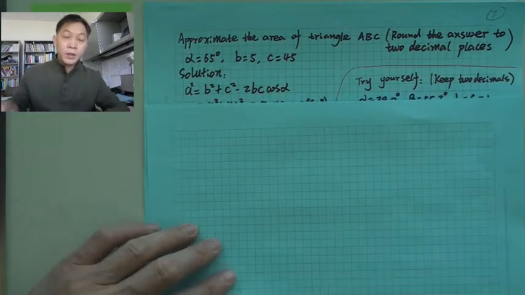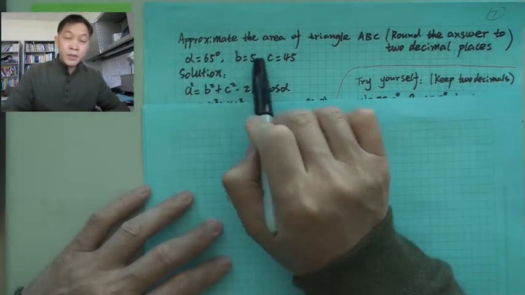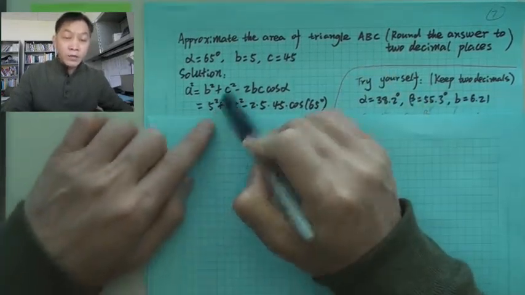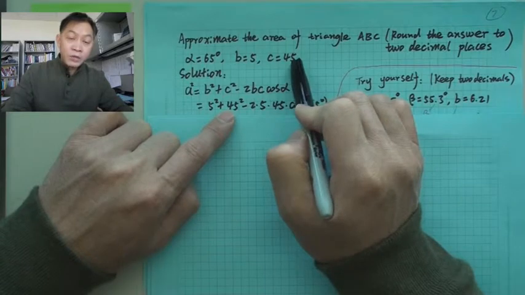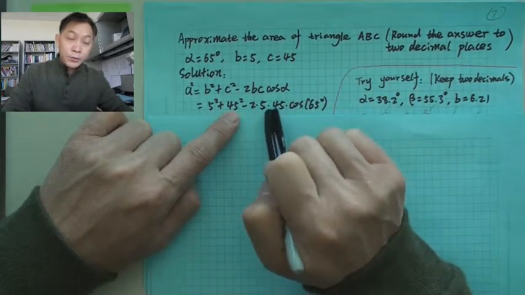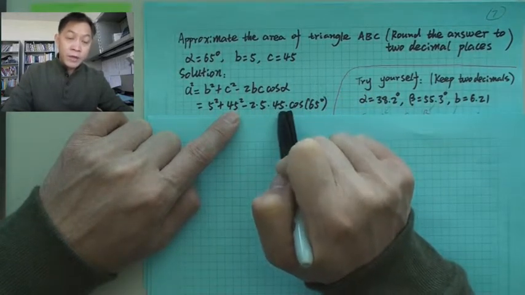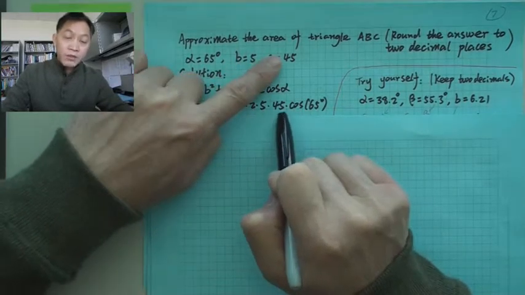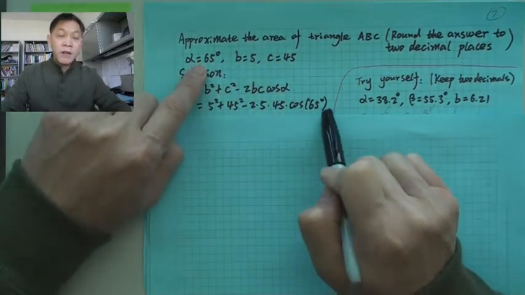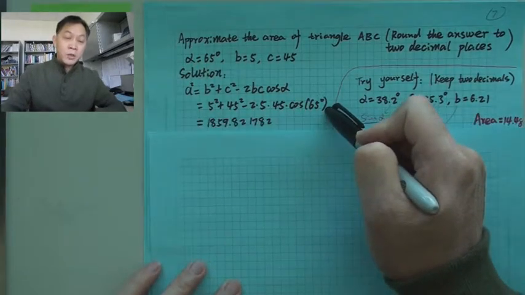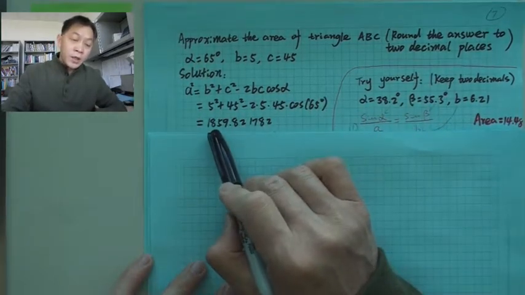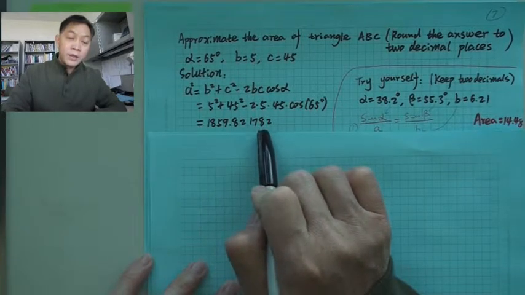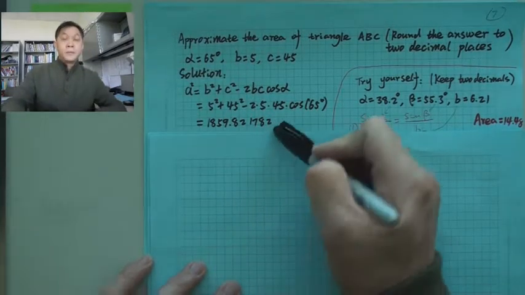So we know all the values, alpha, B, C. We plug in 5 squared plus 45 squared, minus 2 times 5 times 45, and then cosine 65 degrees. The answer comes up as 1859.821782.